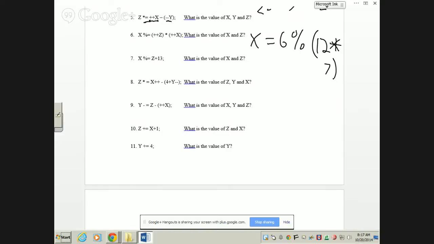Now we're interested in the remainder of 6 divided by some big number. We actually don't even have to figure out what 12 times 7 is to answer this question. 6 divided by some large number and taking the remainder of that is going to be 6. So x equals 6.